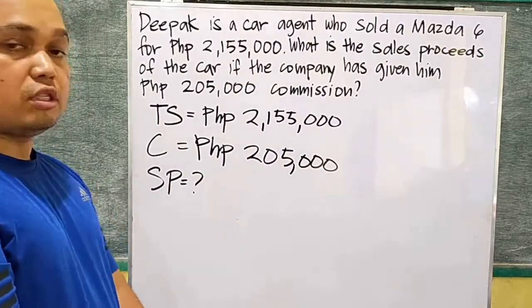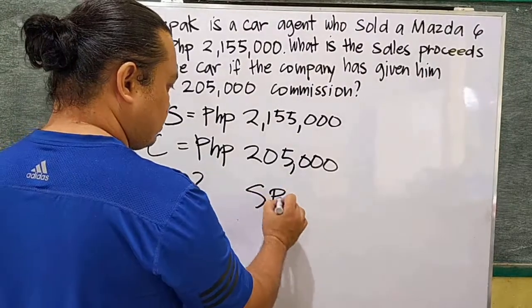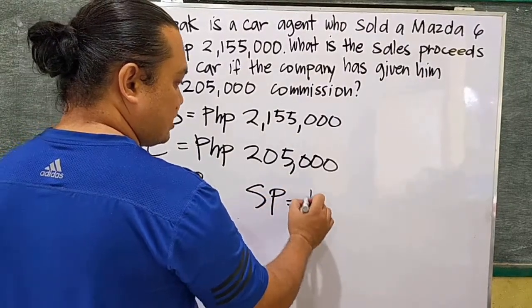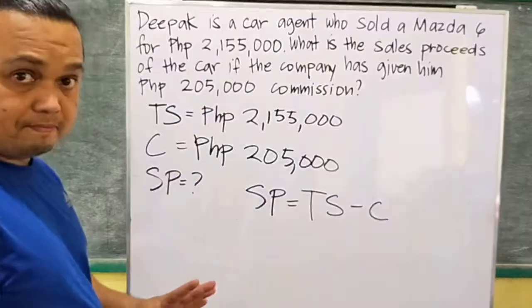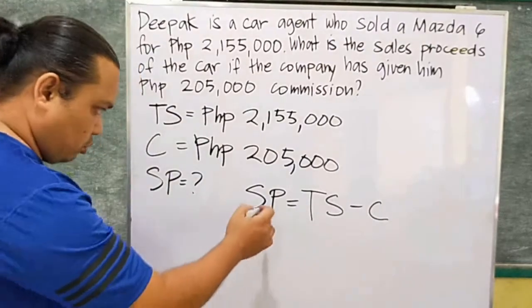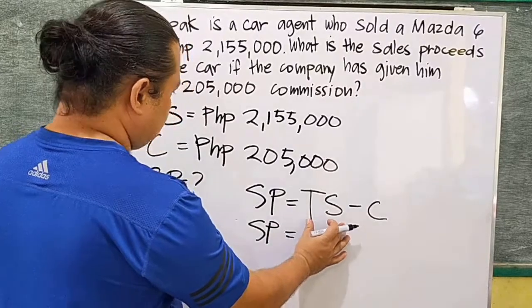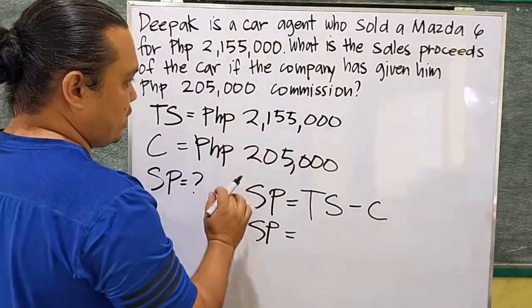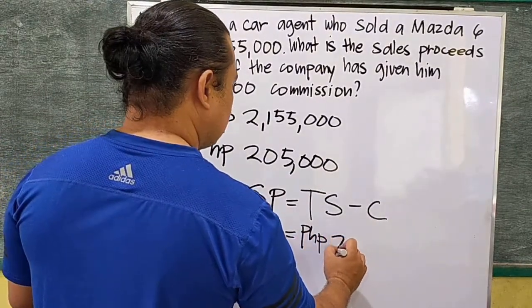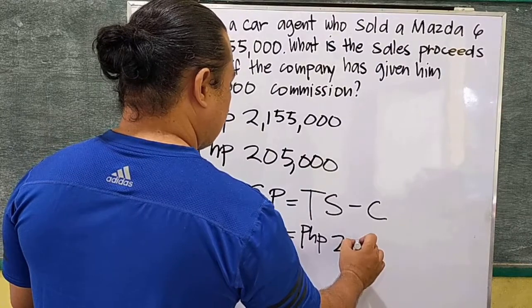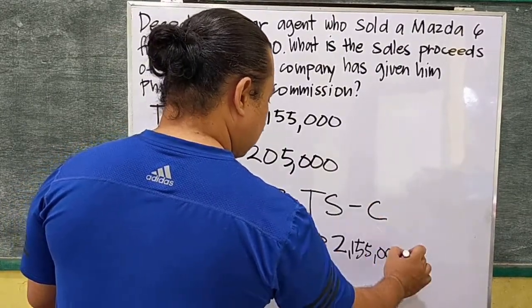So let's use the formula. What is the formula? Sales proceeds is equal to total sales minus commission. So all we need to do is just substitute. So SP, that's the sales proceeds, equals total sales, which is 2,155,000 pesos, minus commission.